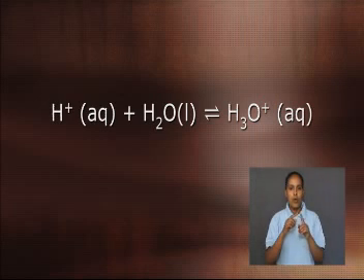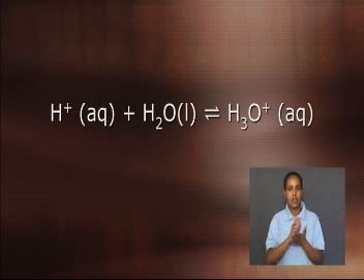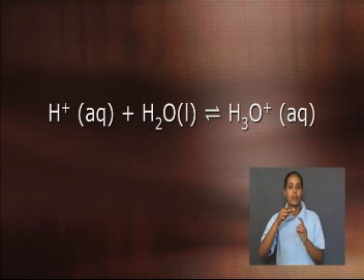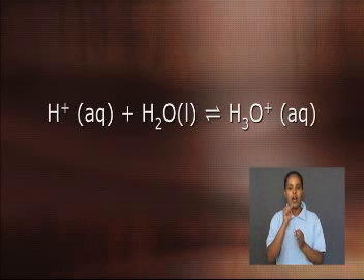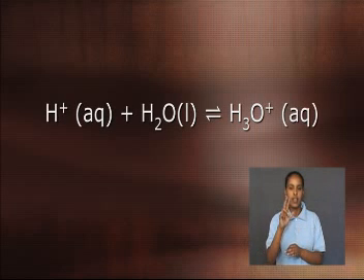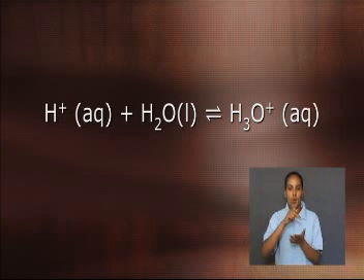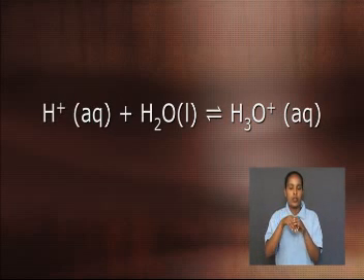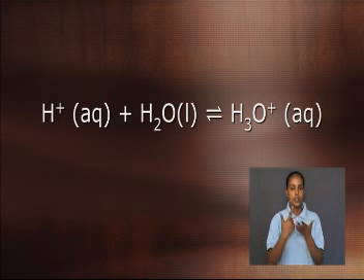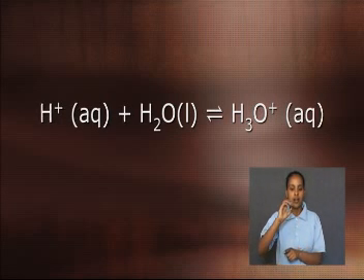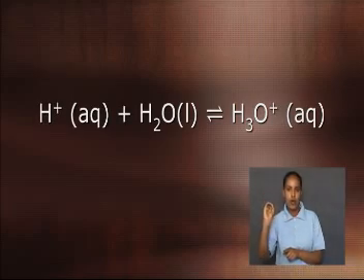While chemists often write H plus and refer to the hydrogen ion when they are describing acid-base reactions, the free hydrogen nucleus, which is a proton, does not exist alone in water. This proton exists as a hydronium ion by reacting with a water molecule.